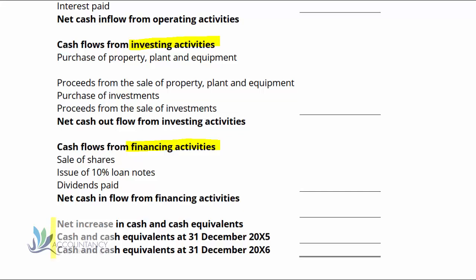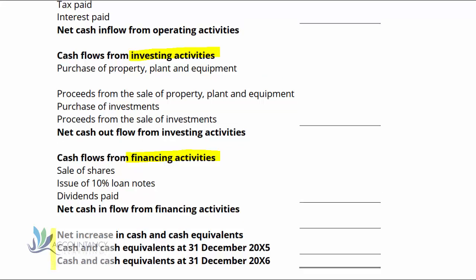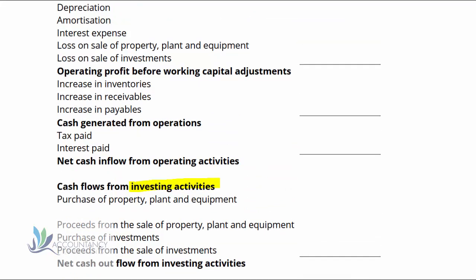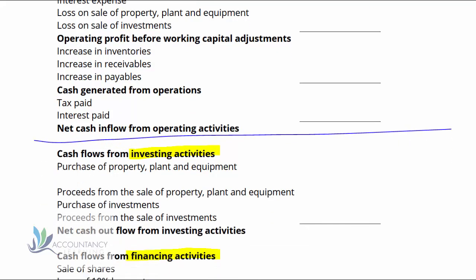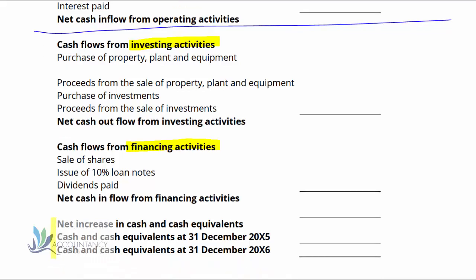Now you should be aware that in the real assessment this will normally be shown as 2 answers. So you'll normally need to work out the cash flows from operating activities as one task, and then the rest of the cash flow statement as a separate task.